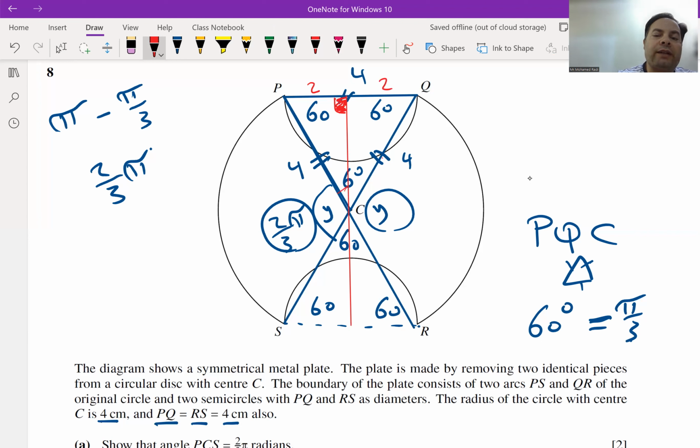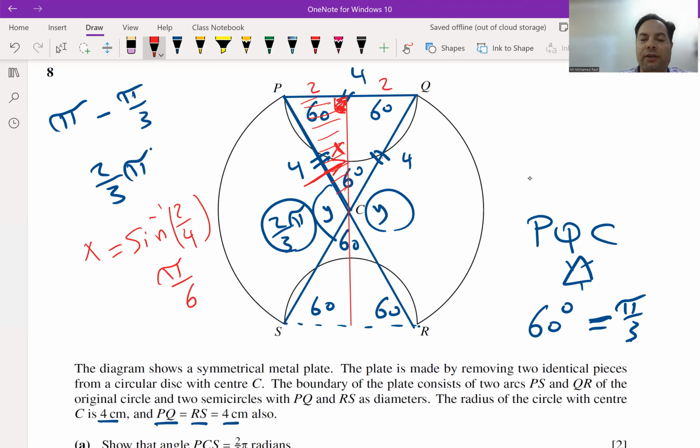If you look at this triangle, the measure of this angle, let's say we name it X, is opposite over hypotenuse. So X is equal to sine inverse of 2/4. You will get the measure of this angle is pi over 6, which is 30 degrees. In the same way, this angle is pi over 6.